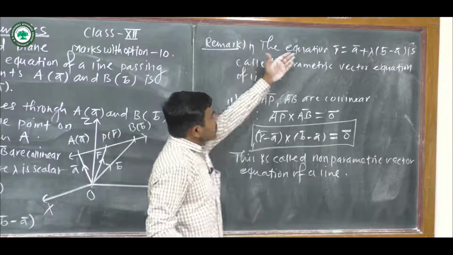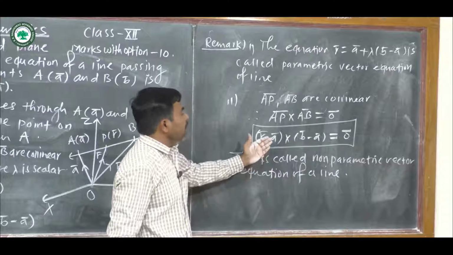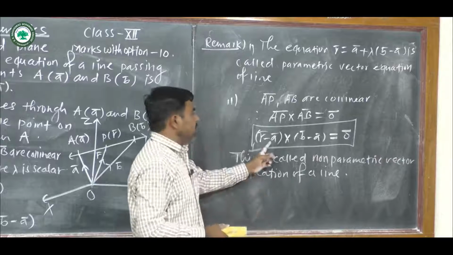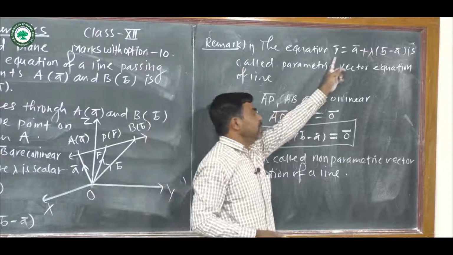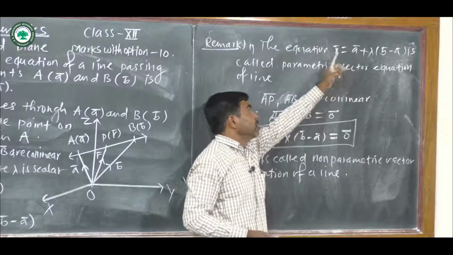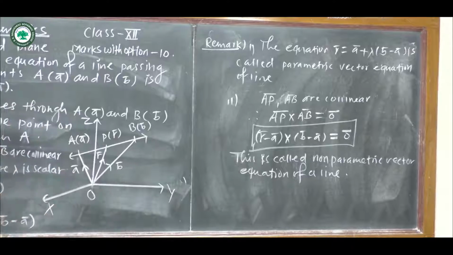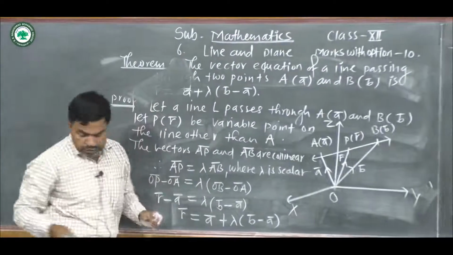So this is called the parametric vector equation, and this equation is called the non-parametric vector equation, because in this equation the parameter is absent, so that's why it is non-parametric, and in this equation the parameter is there, that is lambda, so it is called the parametric vector equation. So we see the next theorem, theorem number 4.